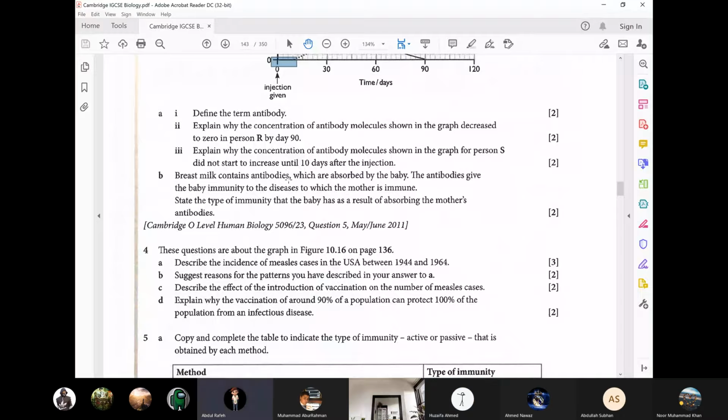Now you see that it contains the antibodies. It's written, breast milk contains antibodies which are absorbed by the baby. The antibodies give the baby immunity to the diseases to which the mother is immune. State the type of immunity that the baby has as a result of absorbing the mother's antibodies.